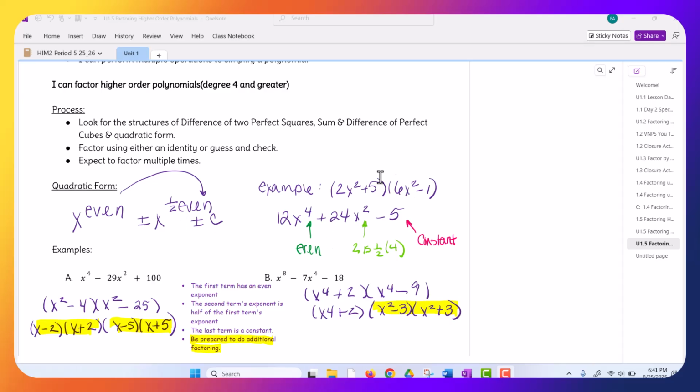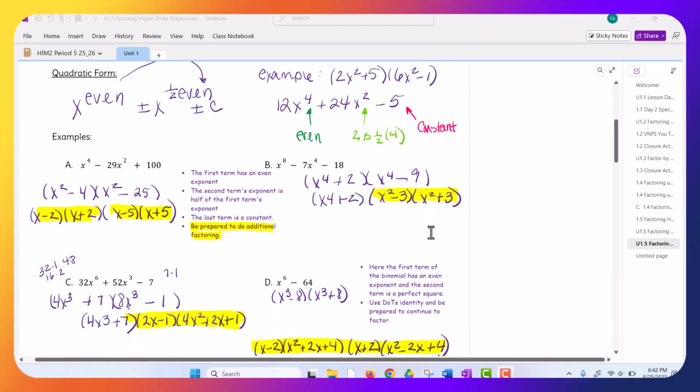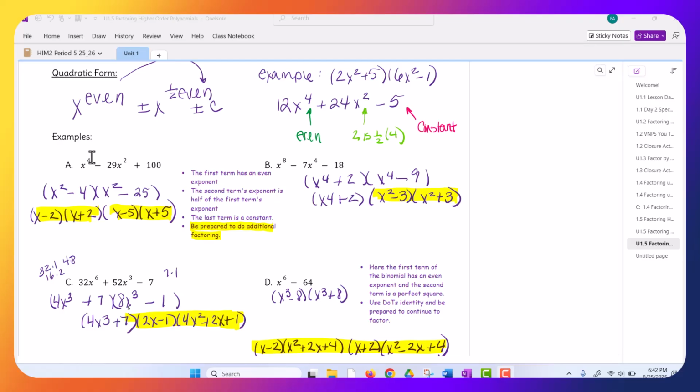So an example would be, we'd start with this, and if we expand it out, our trinomial of quadratic form would be 12x to the fourth, even exponent, plus 24x squared. 2 is half of 4, and then our constant. So we check this is of quadratic form because we've got a 4 and a 2 and a constant.